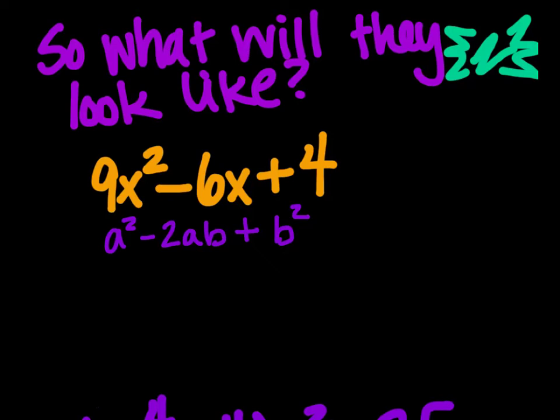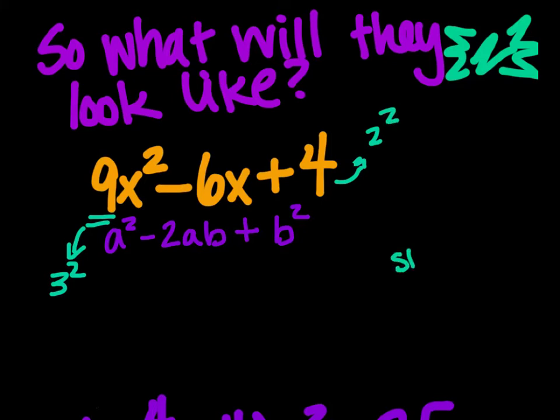If I look at 9x squared minus 6x plus 4, I can try to find what a is and what b is. In order to do that, I need to think of these numbers not as 9, but as a number that could be squared. It is 3 squared. I can also look at 4 and think the same thing. That is 2 squared.